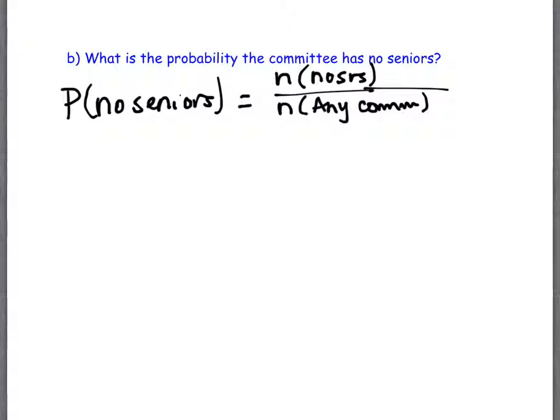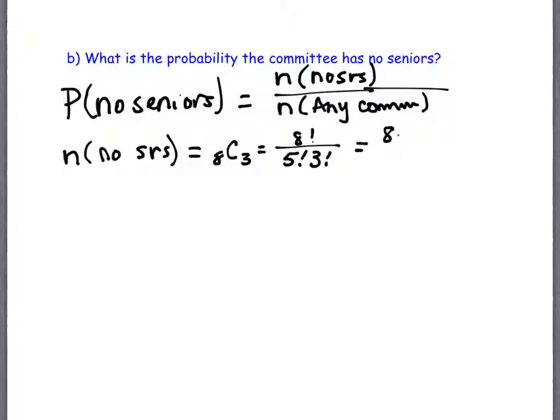And how do I calculate the number of ways of getting no seniors? Yeah, just do juniors and sophomores. So how many juniors and sophomores are there? 8. And I'm selecting 3. This is 8 factorial over 8 minus 3, which is 5 factorial, 3 factorial. 8, 7, 6, and 5 factorial over 3, 2, 1.